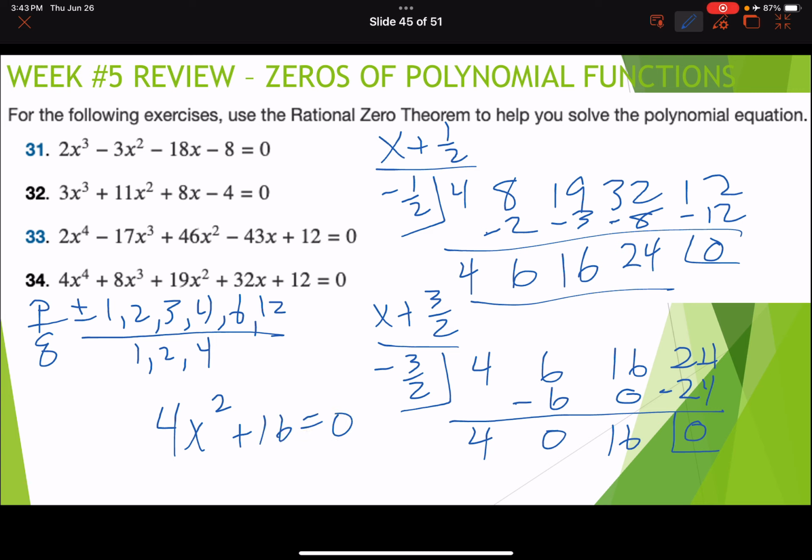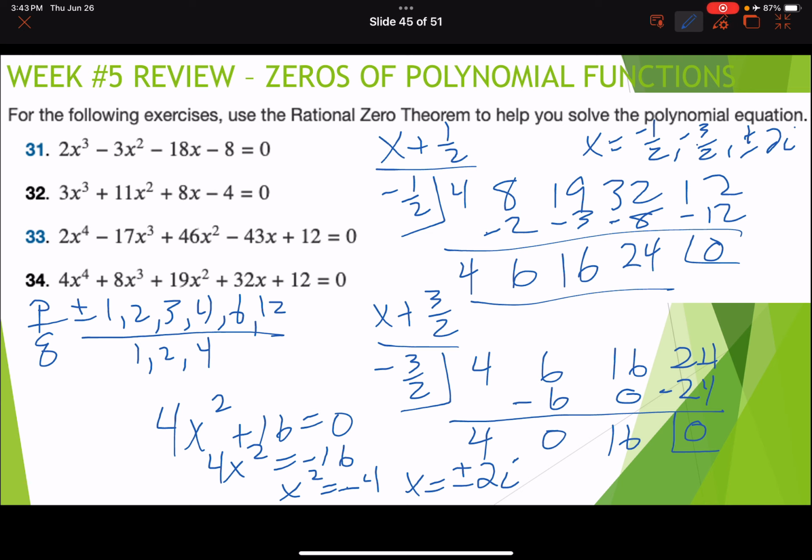Well, that's not factorable, and that actually produces imaginary roots. So we'd have 4x squared equals negative 16, or x squared equals negative 4, or x equals plus or minus 2i. Right? So our solutions here are x equals, put it up here on the top, negative 1 half, negative 3 halves, and plus or minus 2i.